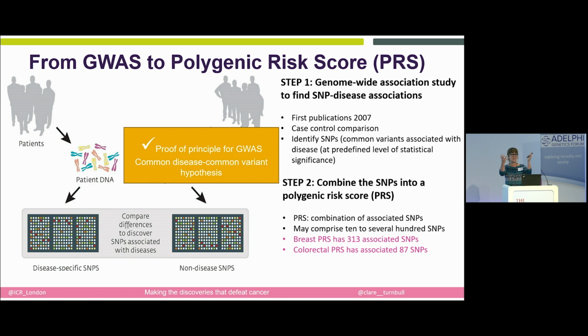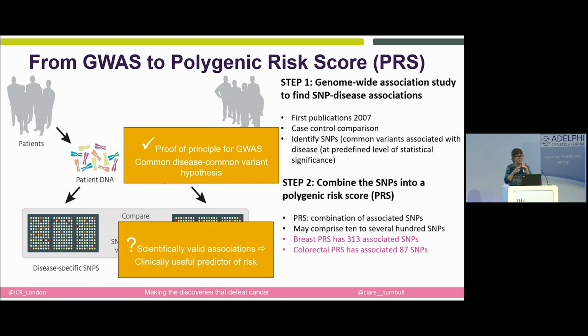Genome-wide association studies, as Andrew demonstrated, were highly successful, delivering dozens or even hundreds of common variants associated with disease for many, many conditions. And then the second question is, can we implement these valid scientific associations to be clinically useful predictors of risk?